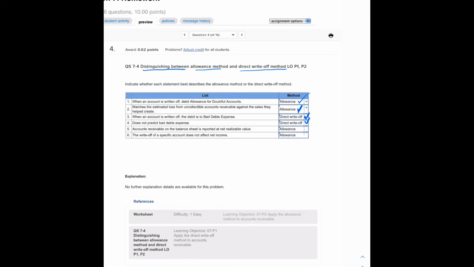Next, we see that the accounts receivable on the balance sheet is reported at net realizable value, and that is the allowance method. And net realizable value is gross accounts receivable less your allowance for uncollectible accounts.